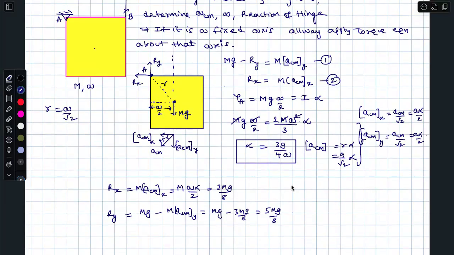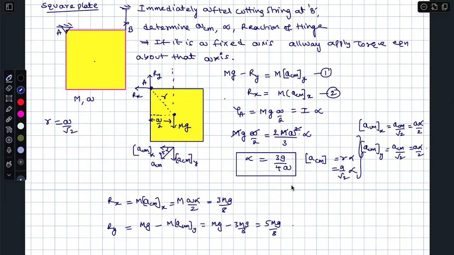Now, what did you ask me to find out? ACM, alpha, reaction of the hinge. I've given everything. I repeat: the core part lies in applying the torque equation about this point. The moment of inertia about A is 2 by 3 ma square.